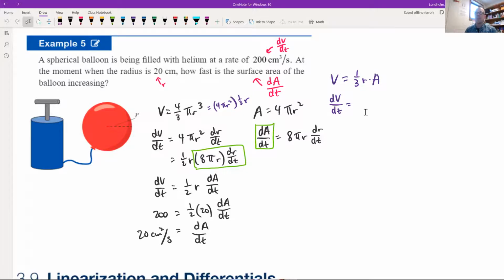Let's see what happens. Okay, so chain rule, or not chain rule, product rule, sorry. Let's view that as F and G, and let's do the product rule down here. So the derivative of the first part, and I'll even put these in parentheses to separate them out a little bit, just so that we know that the 1/3 is hanging out with r.